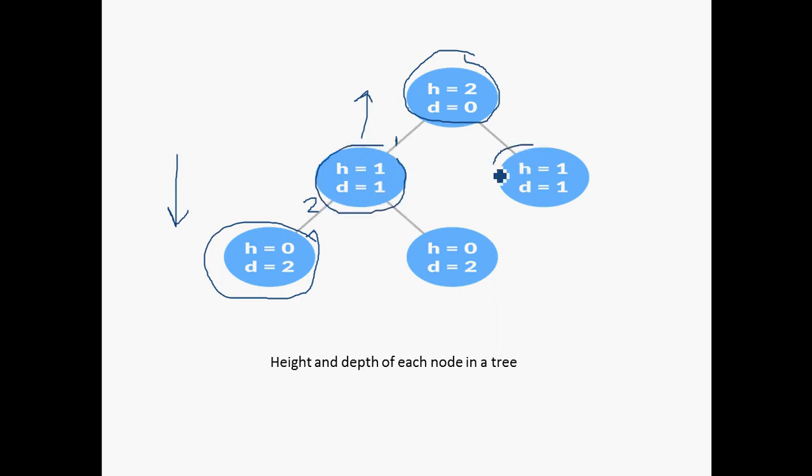For this node also it is the same. And for this leaf node, height is 0 because it is a leaf node, and the depth is 2 because it can be reached with 2 edges from the root. So depth is 2 and height is 0. Height is calculated from the deepest leaf. So this is the deepest leaf, so the height is 0 here and the depth is 2.